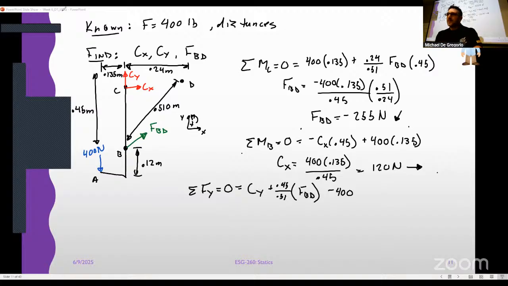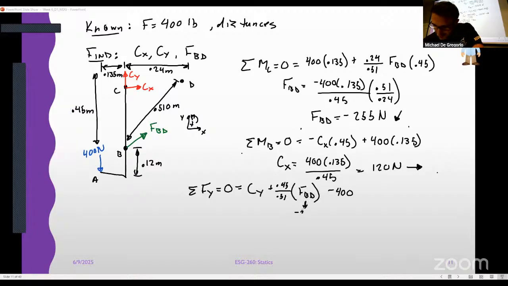Remember, because we didn't redraw the FBD, the negative sign carries into this equation, right? And so we end up with this, and I would remind you that this is negative 255, right? So when we go to solve this, it's like we're actually adding these two numbers together.